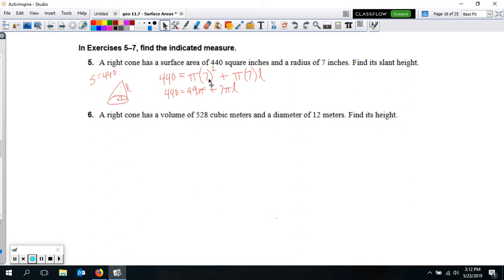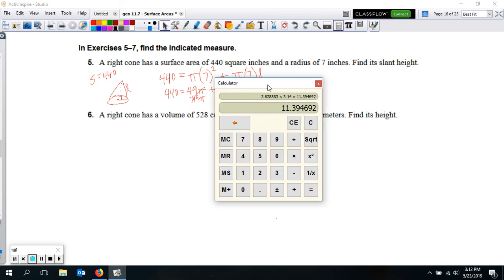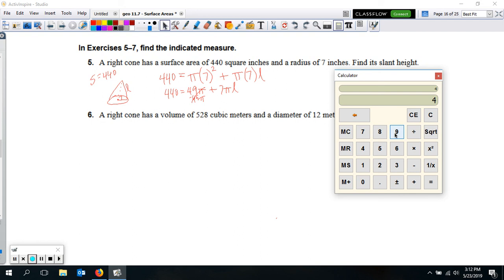I'm going to subtract 49 pi now from both sides, so it cancels it here. But when I subtract it from 440, here's where I need to change it now to a decimal. So we'll need to do 49 times 3.14, or times the pi button on your calculator, about 153.86. So that's what we're looking at to subtract. 440 minus that number is going to give us something that equals the 7 pi times L here.